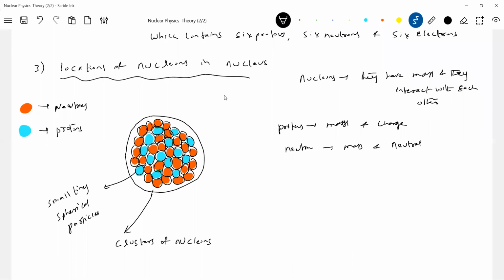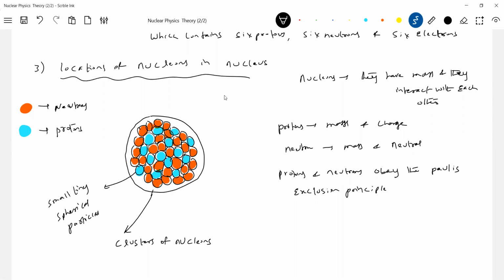So both protons and neutrons obey Pauli's exclusion principle. Now, what does that principle say? No two protons or two neutrons can have the same quantum state. But in one quantum state, there can be one proton and one neutron.